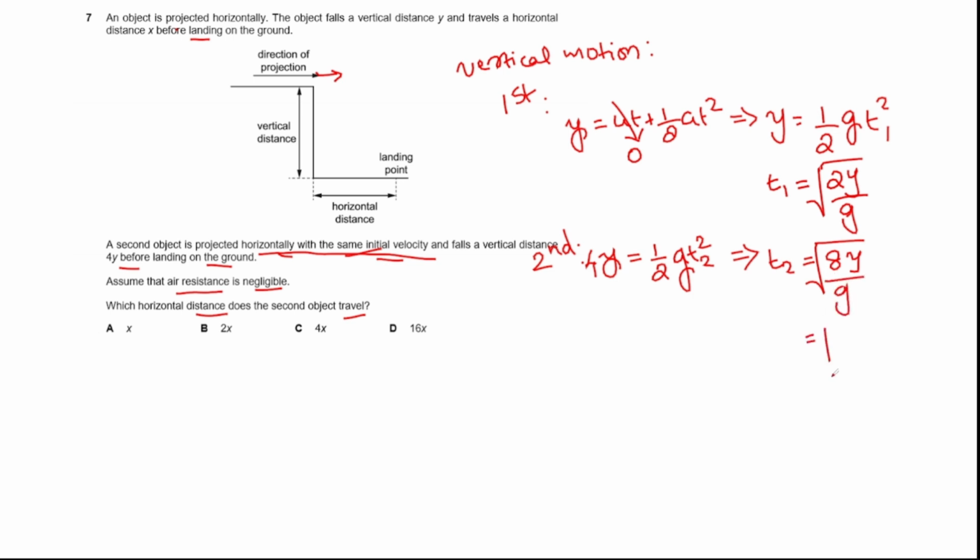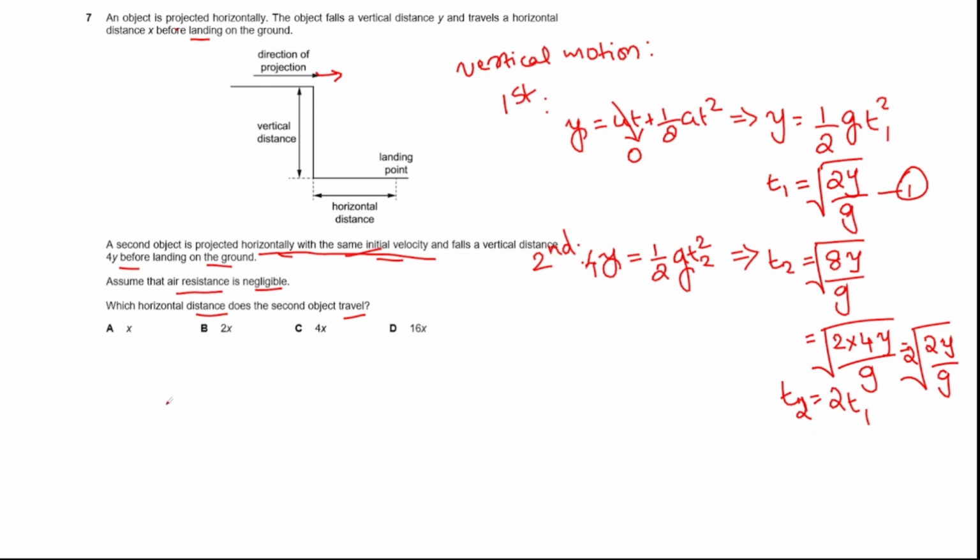Here you can split the 8 as 2 times 4, so you can take the root of 4 outside, which is 2, leaving inside 2y divided by g. And what is 2y divided by g? That is the time taken for the first object. So t2 is equal to 2 times t1. So the time taken for the second object is double the time taken for the first object.